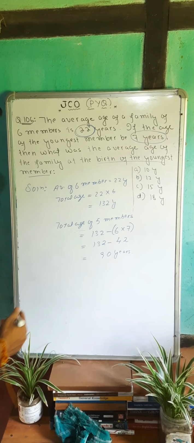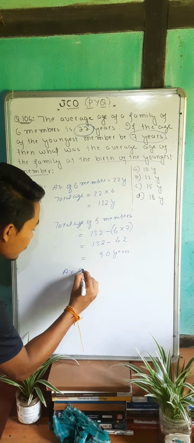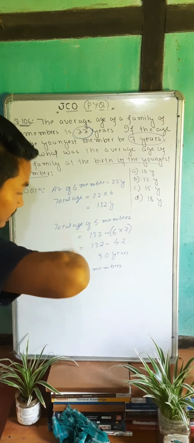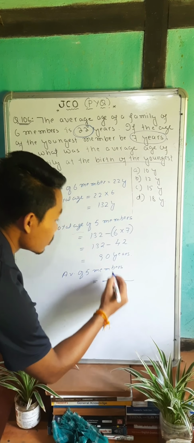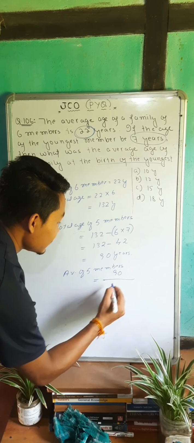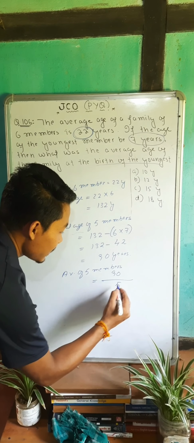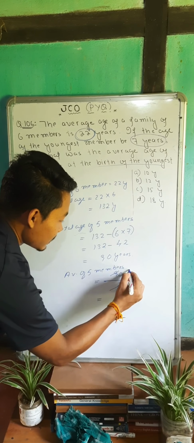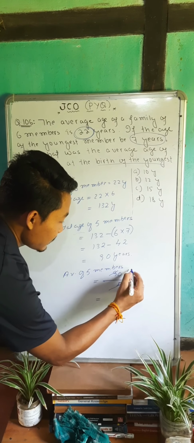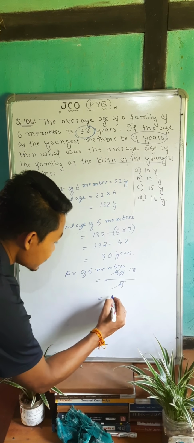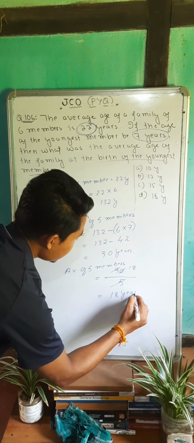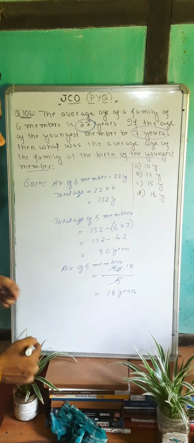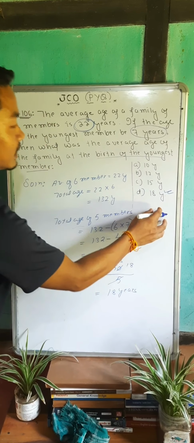Now what is the average of 5 members, that is 7 years ago, which will give us total age of 5 members is 90, divided by how many family members? 5, which will give us 18 years. 18 years is the average age of 5 family members. So our correct answer is option D.